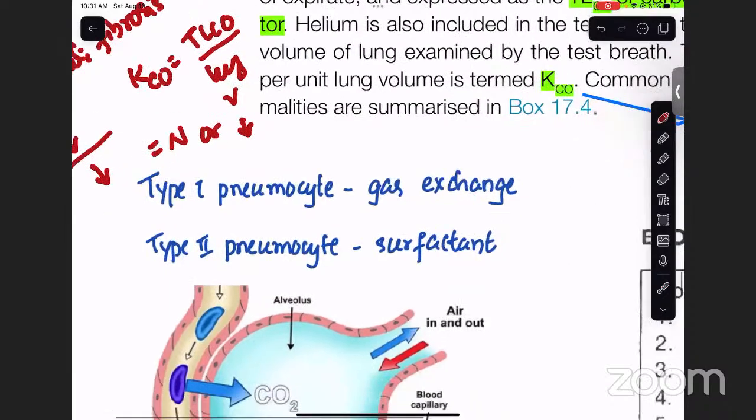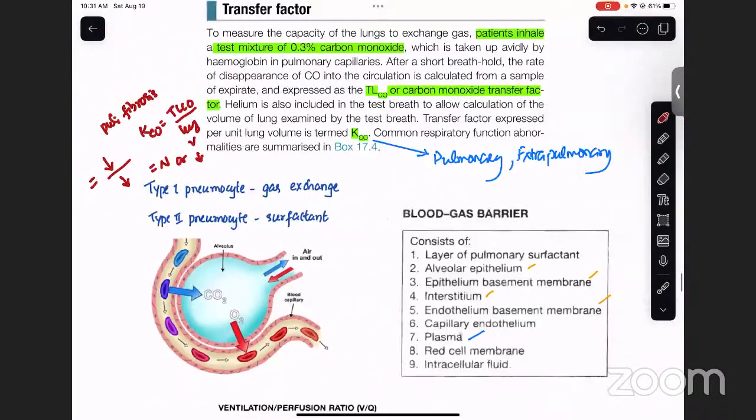Okay, so you can imagine that if we know the TLCO, and if we know the pathology of the underlying lung disease, you can predict the KCO. Also, it's important to know that it detects not only pulmonary causes, but also extrapulmonary causes.